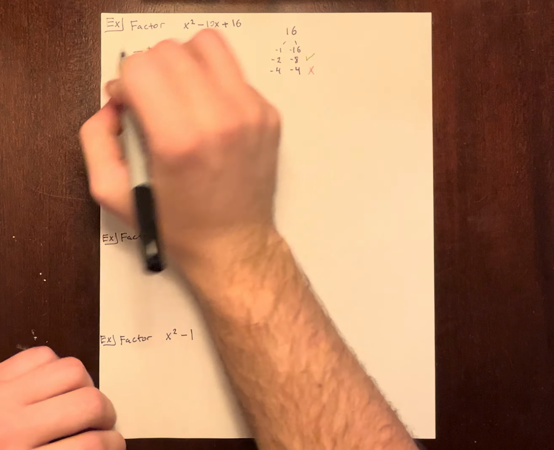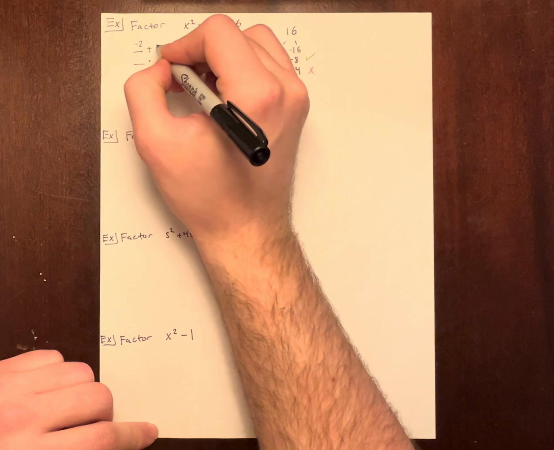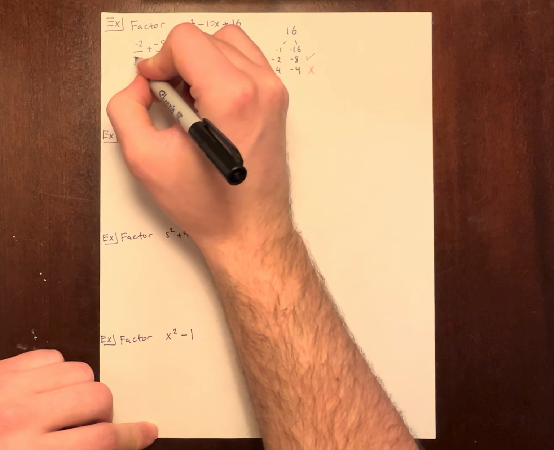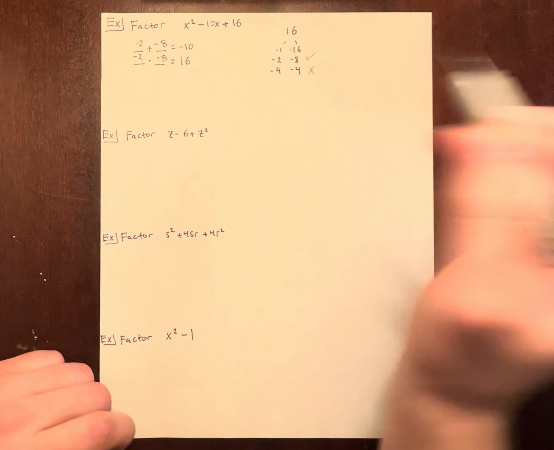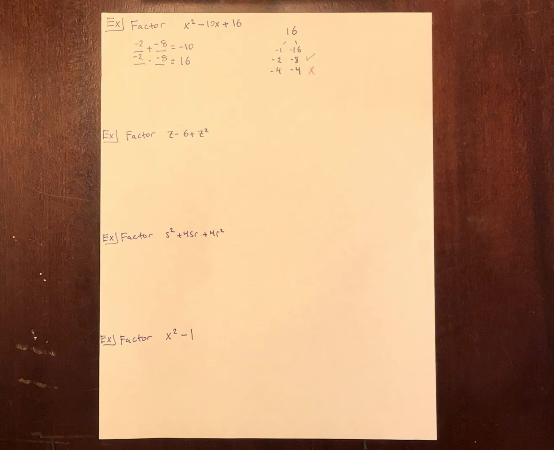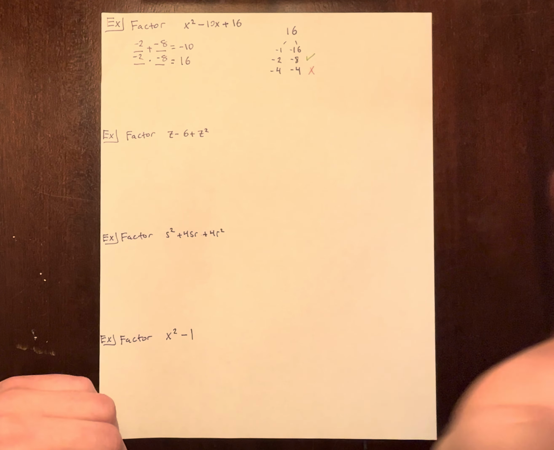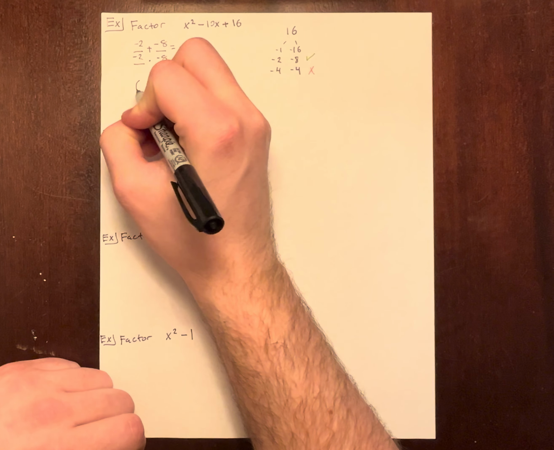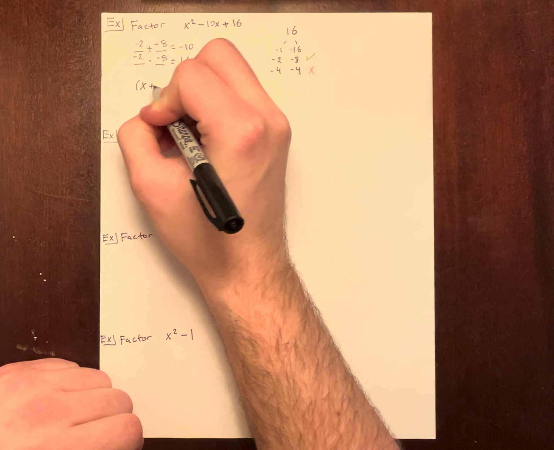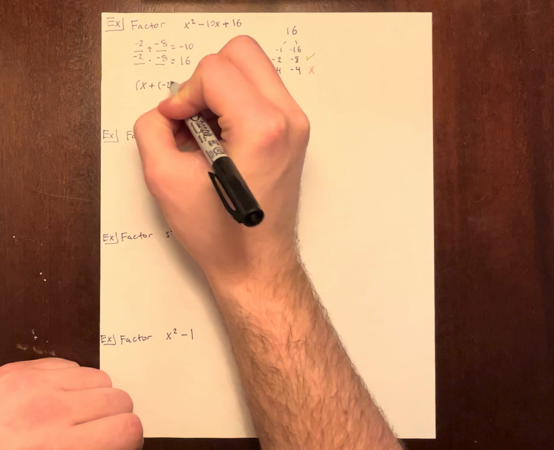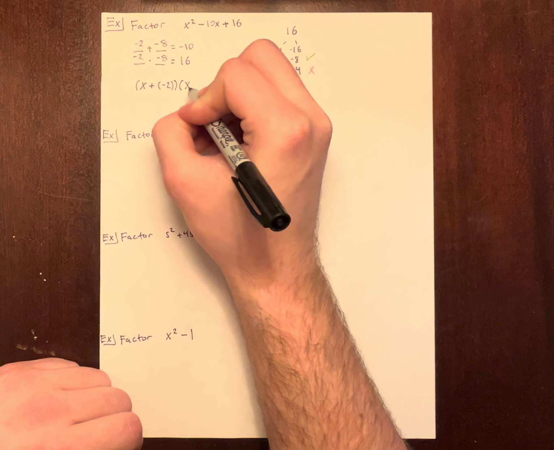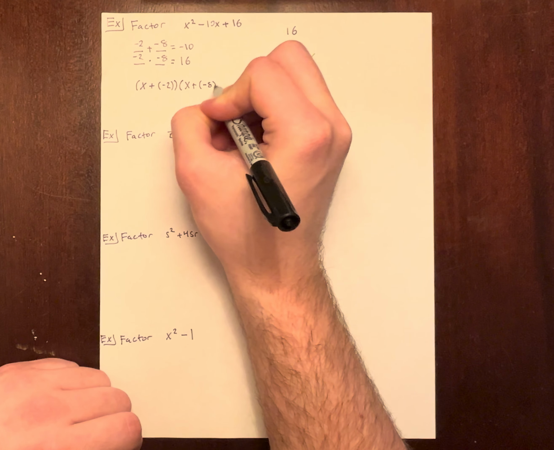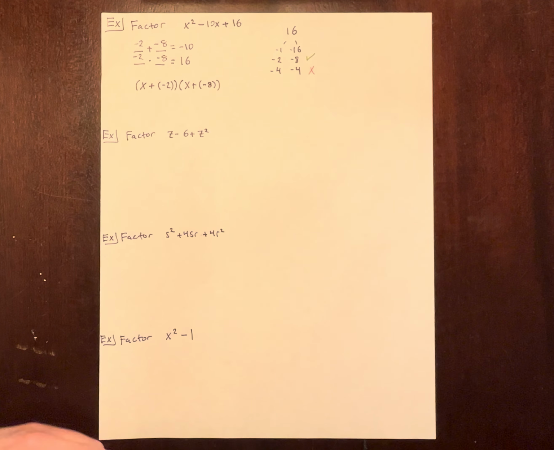And so right away, we have negative 2 and negative 8 add to negative 10. Negative 2 and negative 8 multiply to get positive 16, because a negative times a negative, again, is a positive. And full stop, once you find these two numbers, they are your factors. So our factors take the form x plus whatever number, we have negative 2, times x plus whatever number, our other number is negative 8.